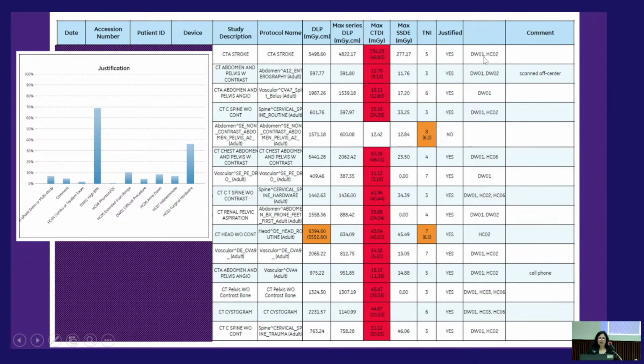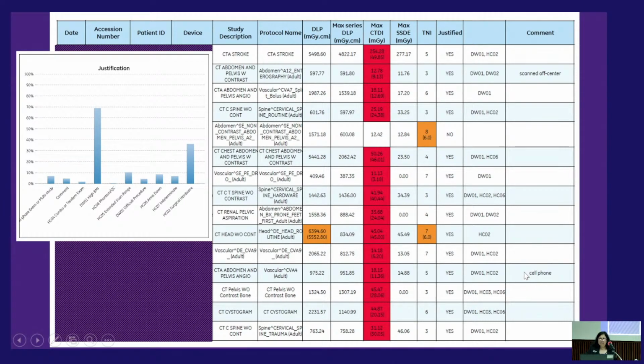So DW01 might be, oh, now of course I don't remember what it is, but it could be large BMI, or DW06 could mean arms were down, or difficult procedure, or something like that. So we came up with some codes, and the technologists go and put that information. So here you can see there's one comment, this patient was scanned off center. Well, scanned off center with automatic tube current modulation on, the dose is going to be much higher.